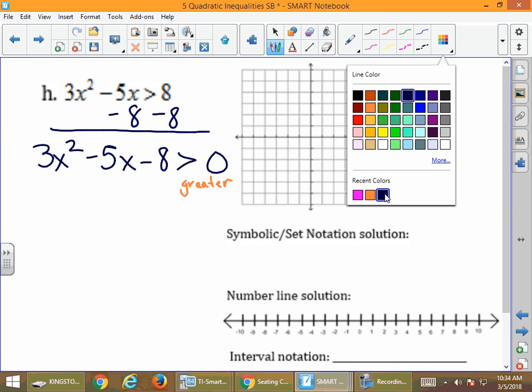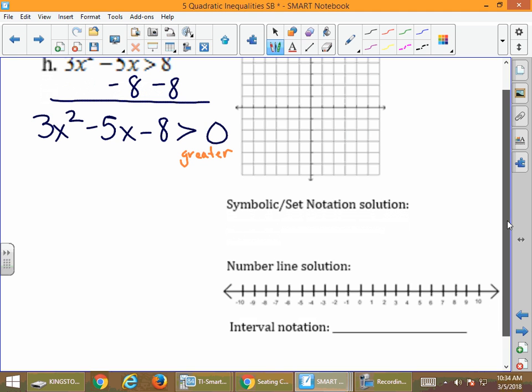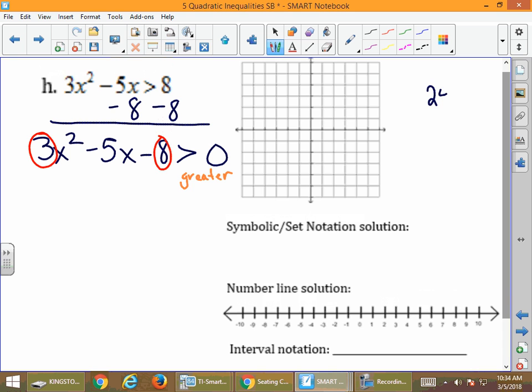Where I'm going to spend my time here for a couple minutes is factoring. Remember, when we factor, we're going to have to take the 3 times the 8, which is 24. And luckily, at least we've seen 24 today. It's 1 times 24, 2 times 12, 3 times 8, and 4 times 6.